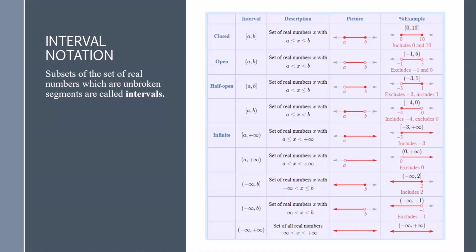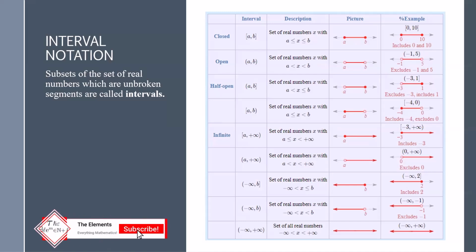Similarly, if we're looking at an interval negative infinity to b with a square bracket on b, that's a set of numbers that are less than or equal to b. If we have a round bracket at b, that's a set of real numbers that are strictly less than b. The interval negative infinity to infinity is a set of all real numbers. Notice that anytime we have an infinity, we always use a round bracket.